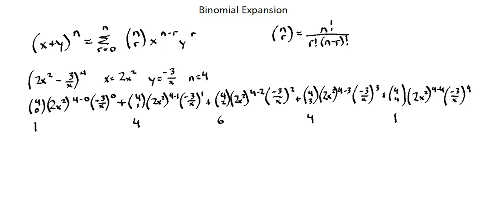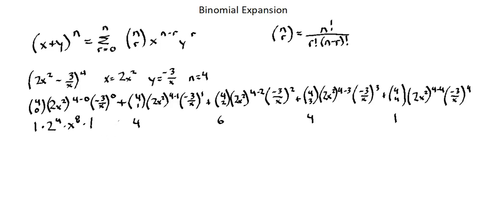Now to continue, 2x squared to the power of 4 minus 0, in other words, to the power of 4. This is not 2x to the power of 8. We'll expand step by step. This is 2 to the power of 4 times x squared to the power of 4, which is x to the power of 8, times negative 3 over x to the power of 0, which is simply 1, times 1.